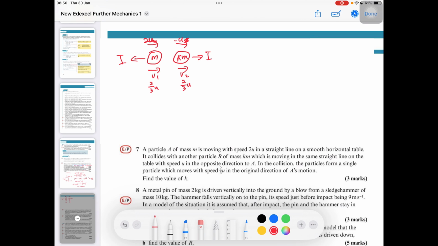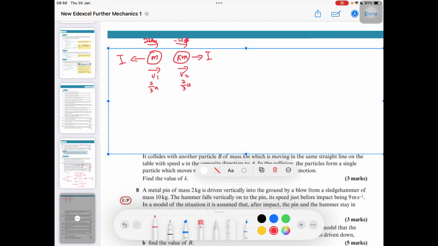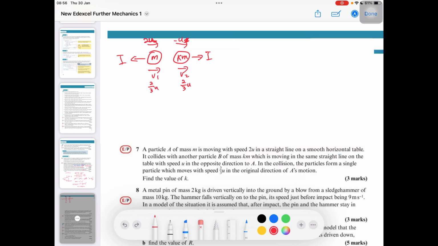So let's do that. So here, mv, m2u plus km negative u equals, they are now same, m 2 over 3u plus km 2 over 3u.